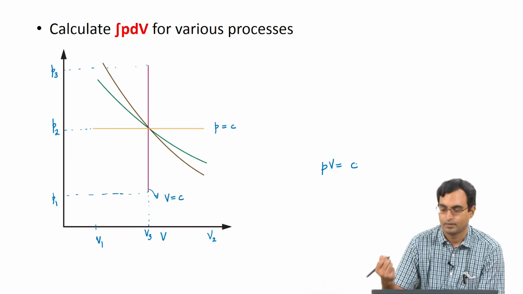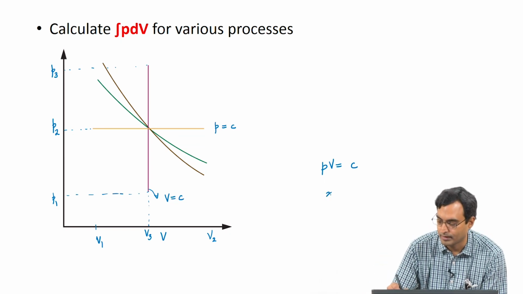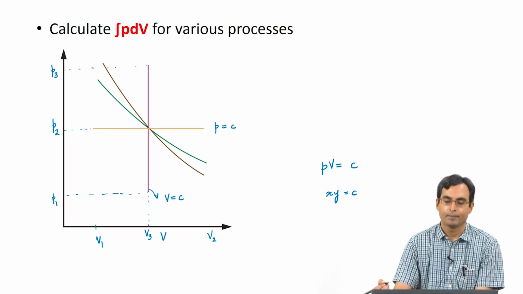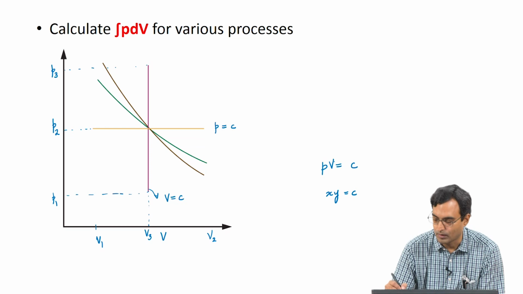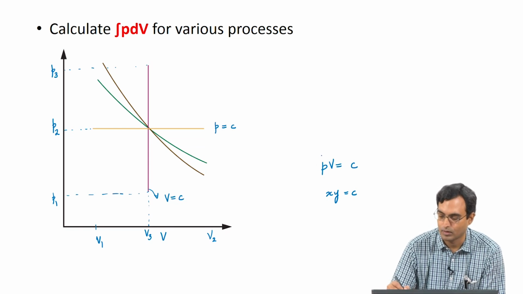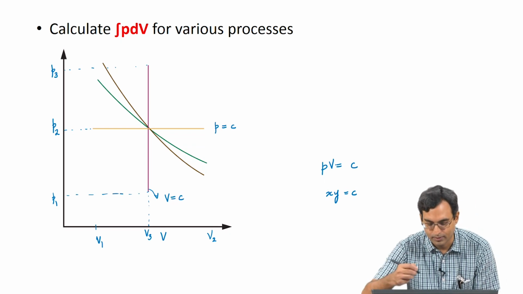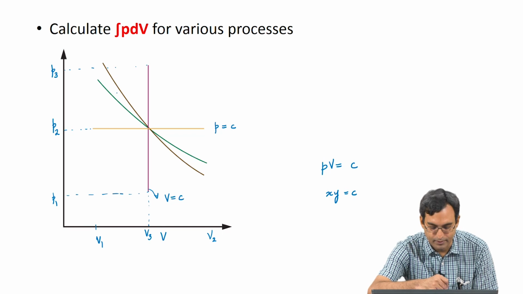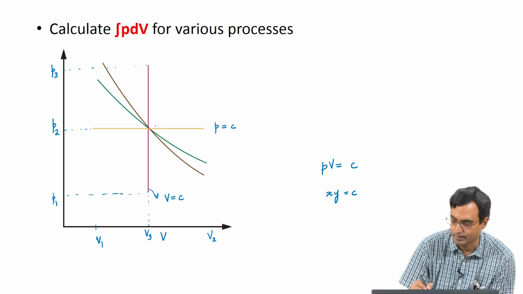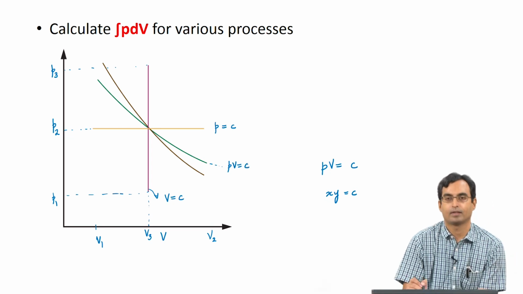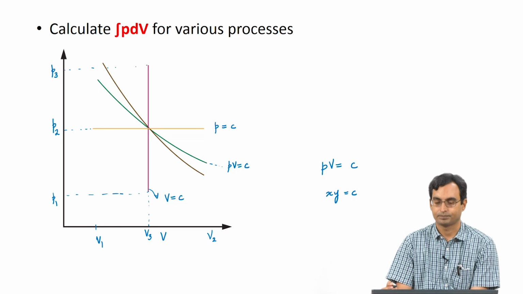From geometry we know that a curve of the form xy equal to constant represents a rectangular hyperbola. So, on a p versus v axis, this must also be something like a hyperbola. This green curve represents something of that kind. This is PV equal to constant, which would be an isothermal process for an ideal gas.